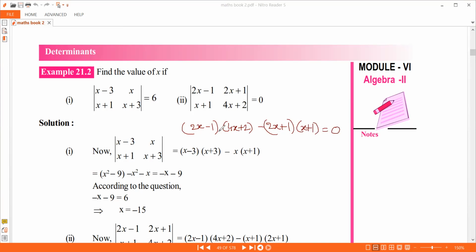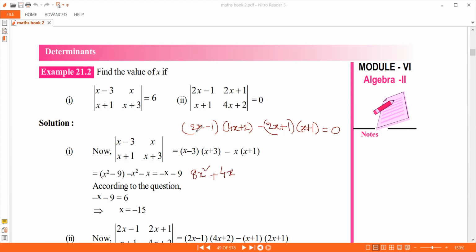So slowly the things you have to multiply one by one. 2x into 4x is 8x square, plus 4x.